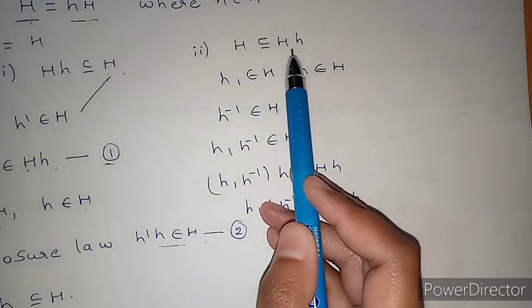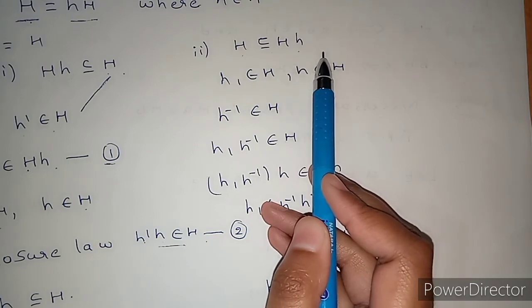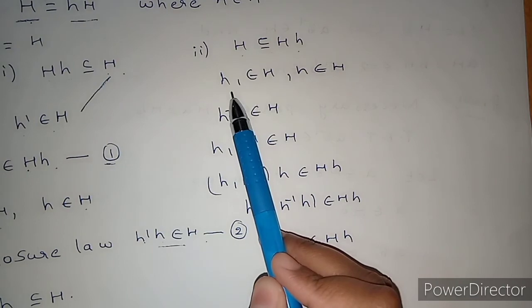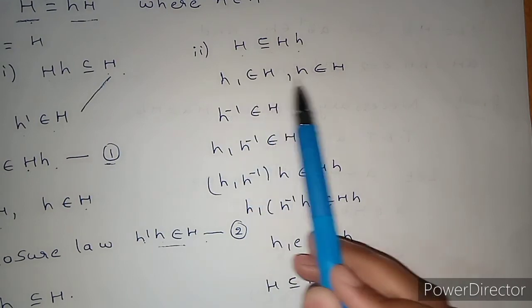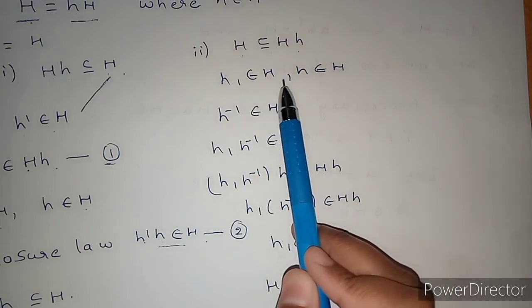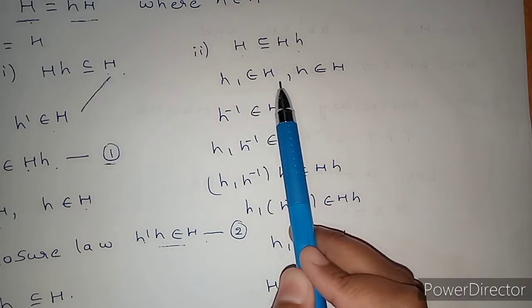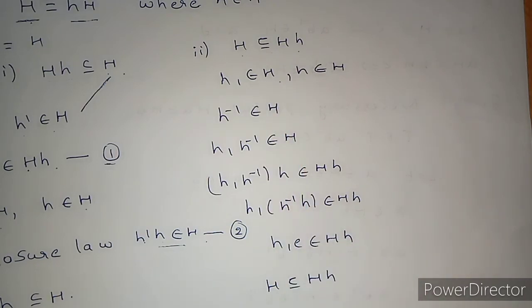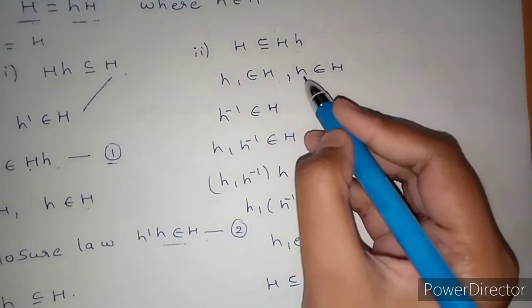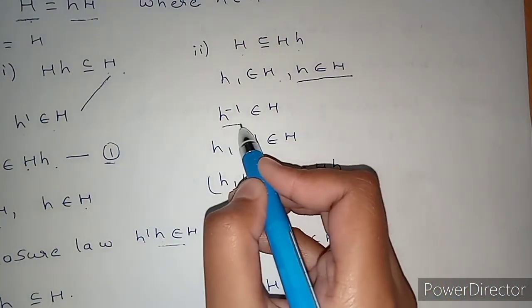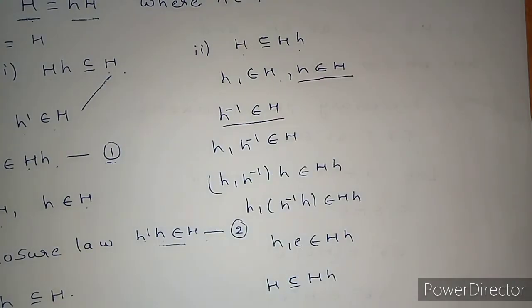Now let us prove subgroup is subset of right coset. Okay, for that first let us assume h1 belongs to H and h belongs to H. Here H is a subgroup, so it satisfies all the properties of group. Existence of inverse is one of the properties of group, right? So if h is belonging to subgroup H, then h inverse also belongs to H, right?